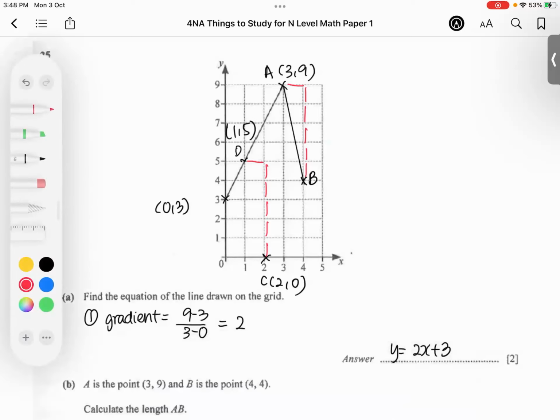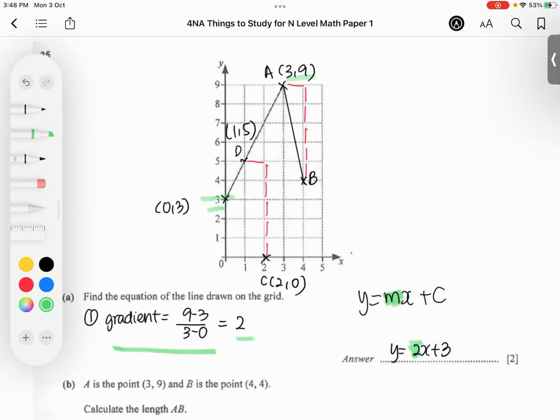Now, equation of a straight line is y equals mx plus c. Something I found from my gradient, I calculate the gradient using the points that I have. I get gradient is 2. So my m gradient is now the number 2. But what is my y-intercept?